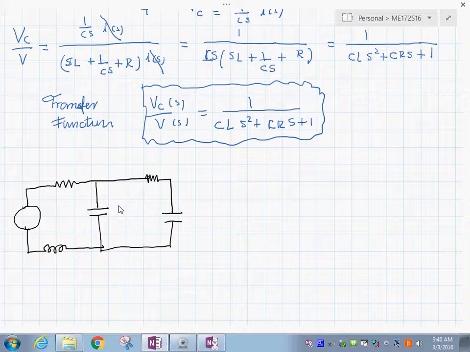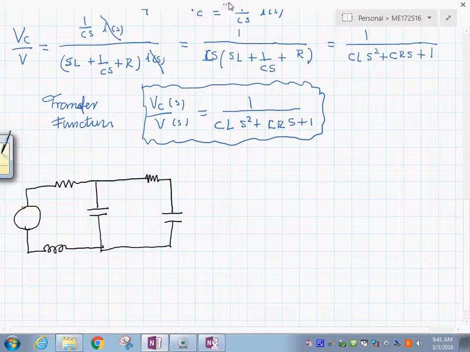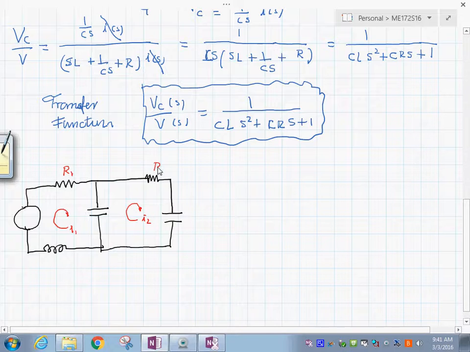Based on what I just told you, isn't it true that we could transform the system into an impedance equivalent circuit, where you have this impedance here that is ZR1, then ZC1 here, ZL1 over here, and then the other impedances over here, as if they were resistors?